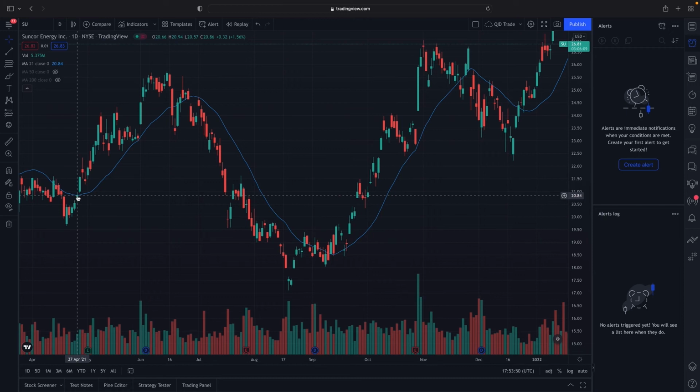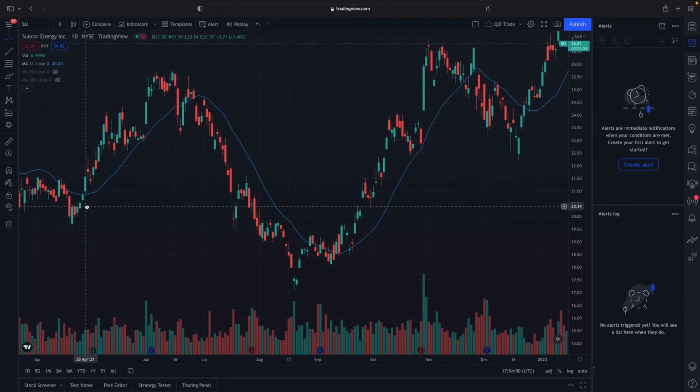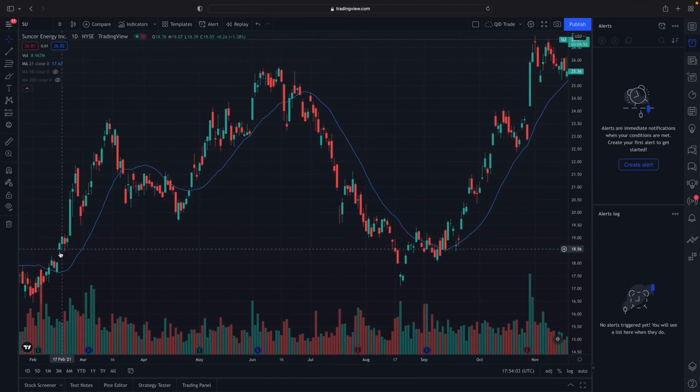So let's see. When it broke through here, it went below the support line. It was here, close below. So here was support. It broke through. Over here, you can see it was some resistance.